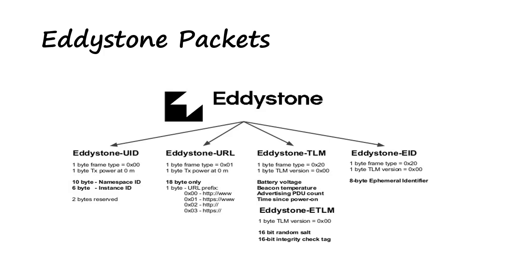Eddystone URL broadcasts a URL that can be viewed by anyone with a Bluetooth-enabled smartphone whether they have your app installed or not, and Eddystone TLM broadcasts some telemetry data about any attached sensors and the status of the beacon itself. This could easily be used to power data collection or triggers. In short, an Eddystone beacon does nearly everything iBeacon does with some added features.